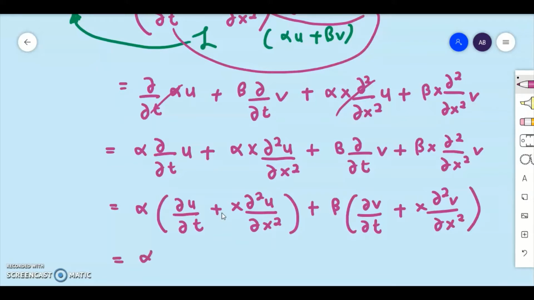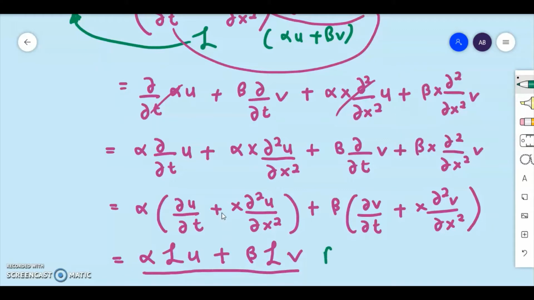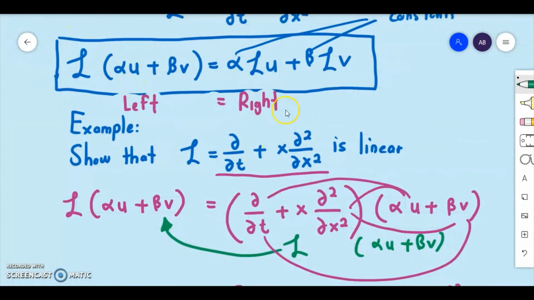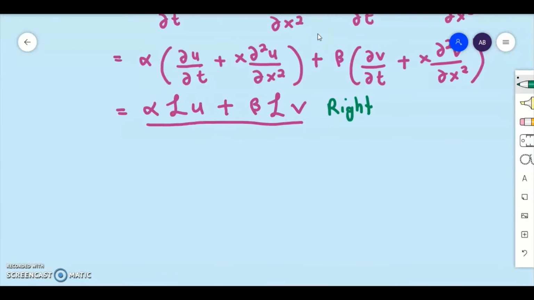I can write it as alpha times my operator L acting on u, plus beta times my operator L acting on v. This is exactly what we wanted on the right hand side. So you start with the left hand side and obtain the right hand side. Therefore the given operator is linear.